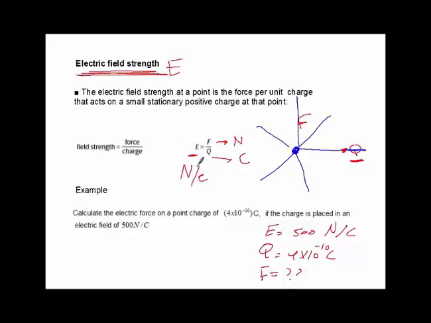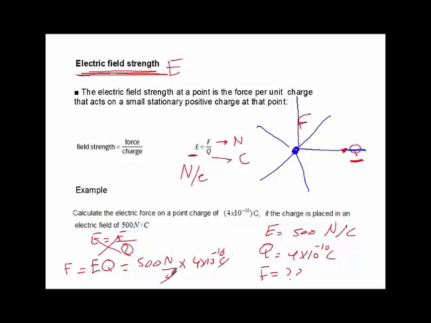From the definition here, E equals F divided by Q, so F equals E times Q. This is our E, 500 Newton per Coulomb, times the charge that we are asked to calculate the force on, which is 4 times 10 to the minus 10 Coulomb.